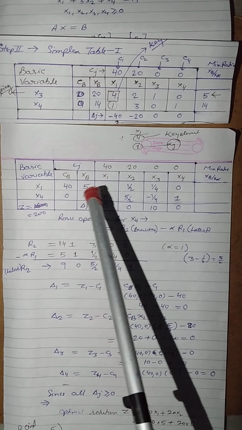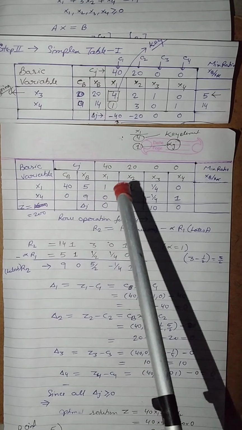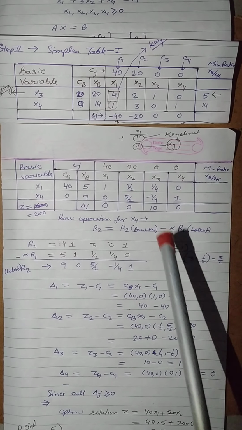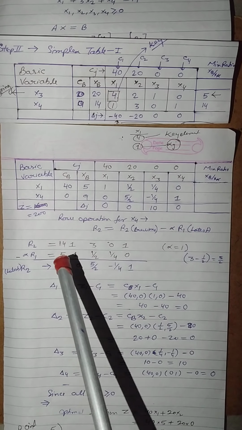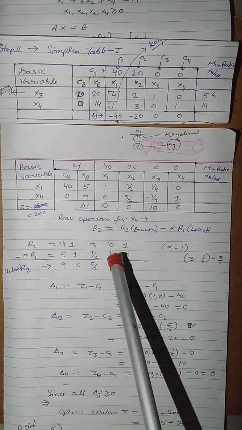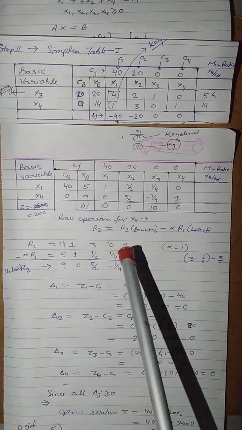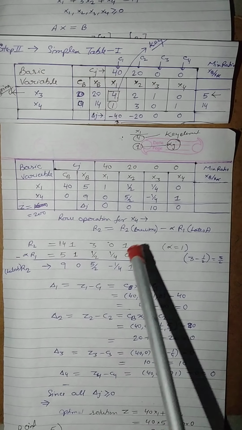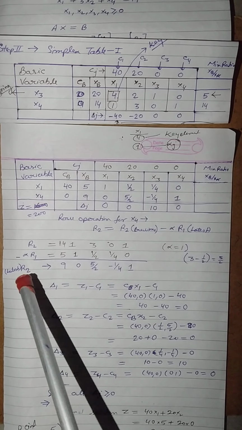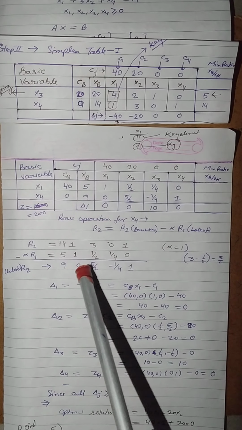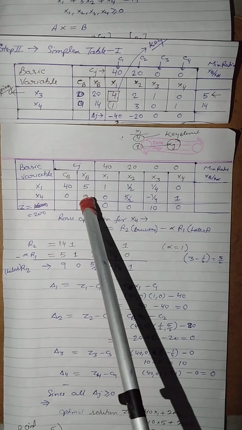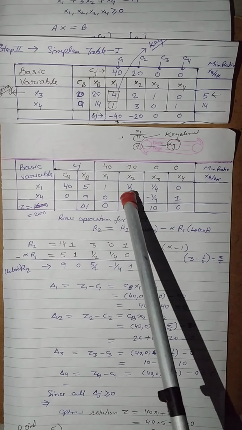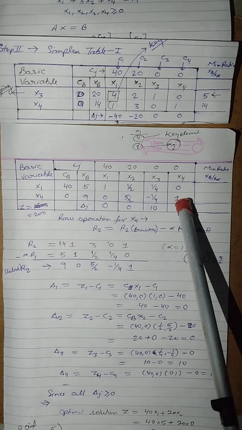R1 is the latest row, that is 5, 1, 1 upon 2, 1 upon 4 and 0. When we multiply alpha with R1, the resultant row is 5, 1, 1 upon 2, 1 upon 4 and 0. After subtracting R2 minus R1, the latest R2 is 9, 0, 5 upon 2 minus 1 upon 4, and 1.